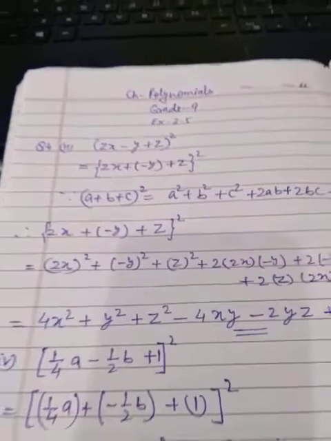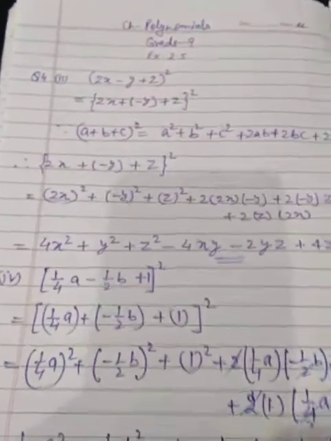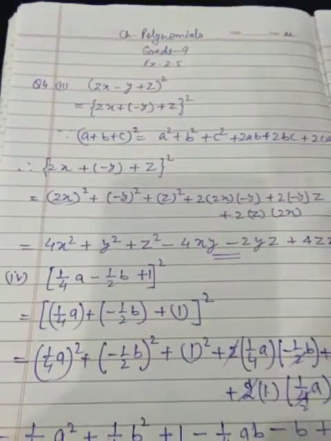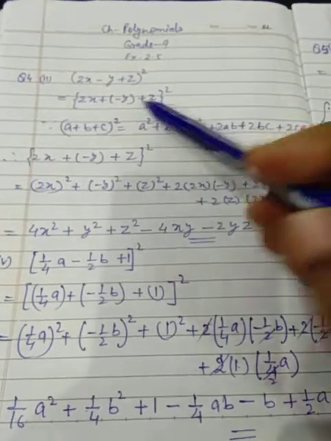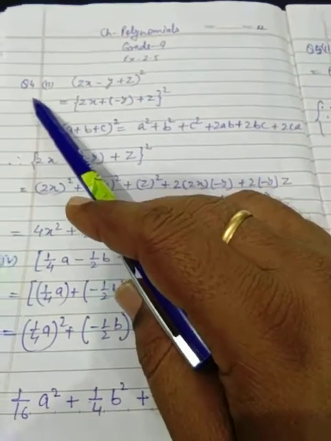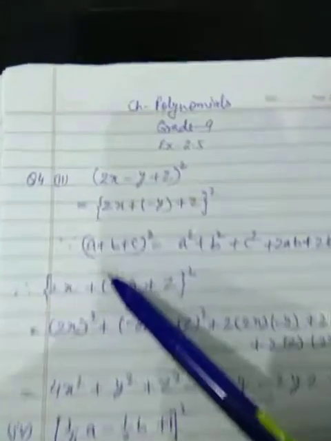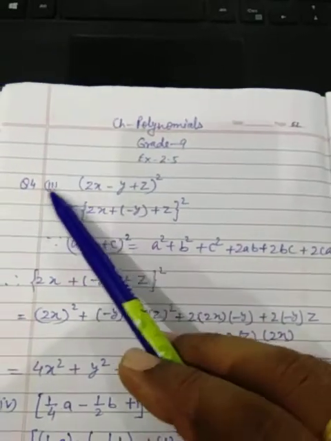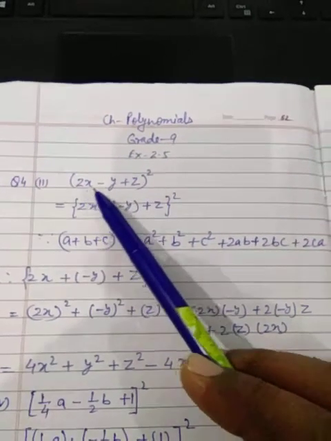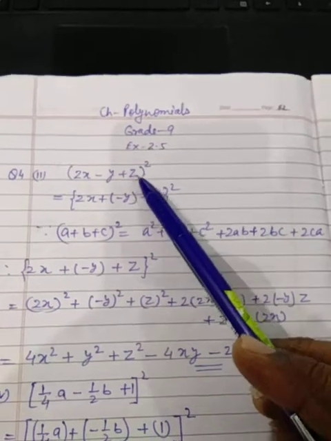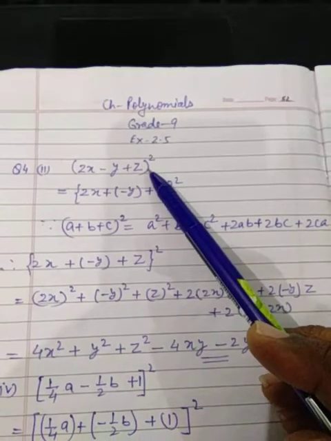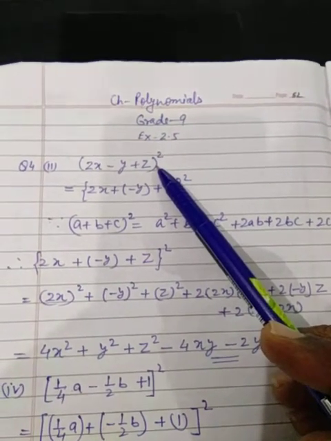So let's start the exercise 2.5. In this exercise 2.5 I took question number 4 because we have done up to question number 3. In this question number 4 it is given as (2x - y + z) whole square and we need to expand this one.